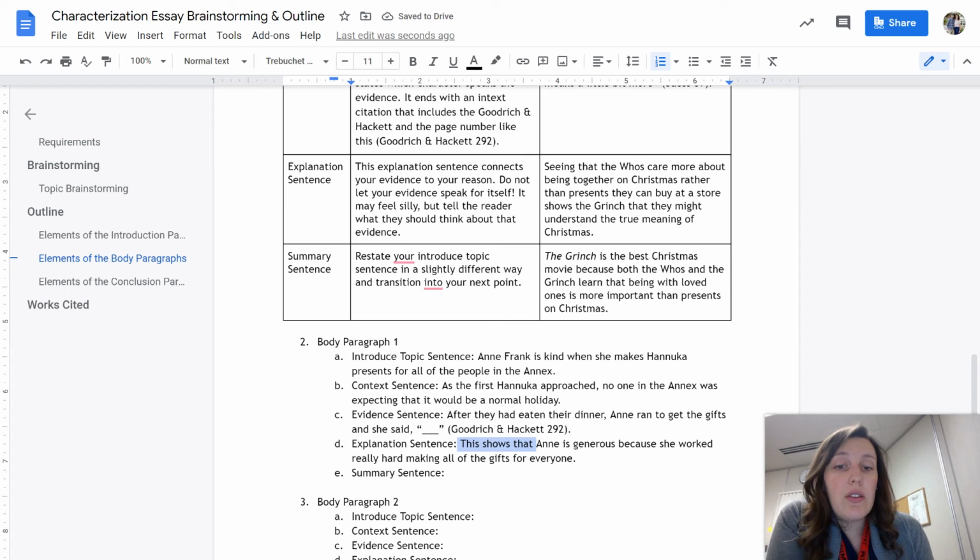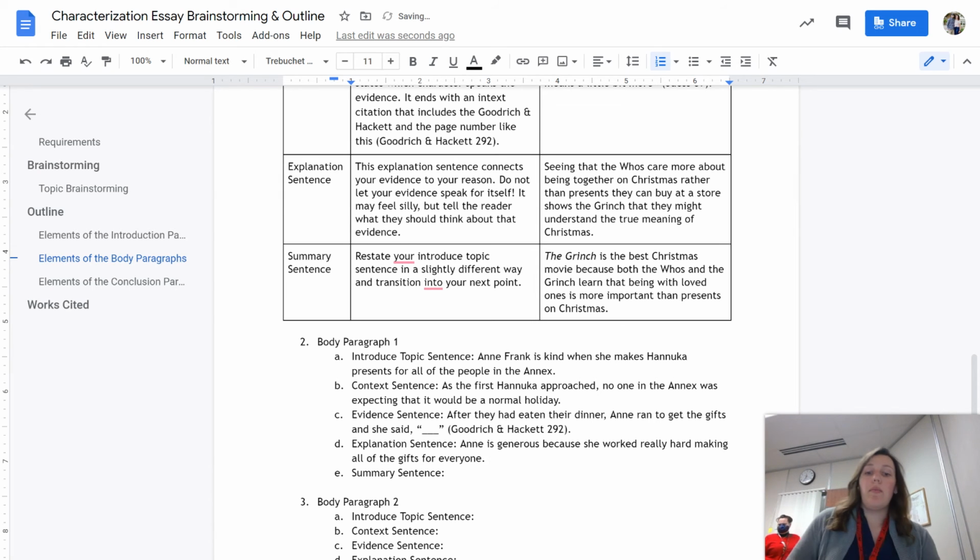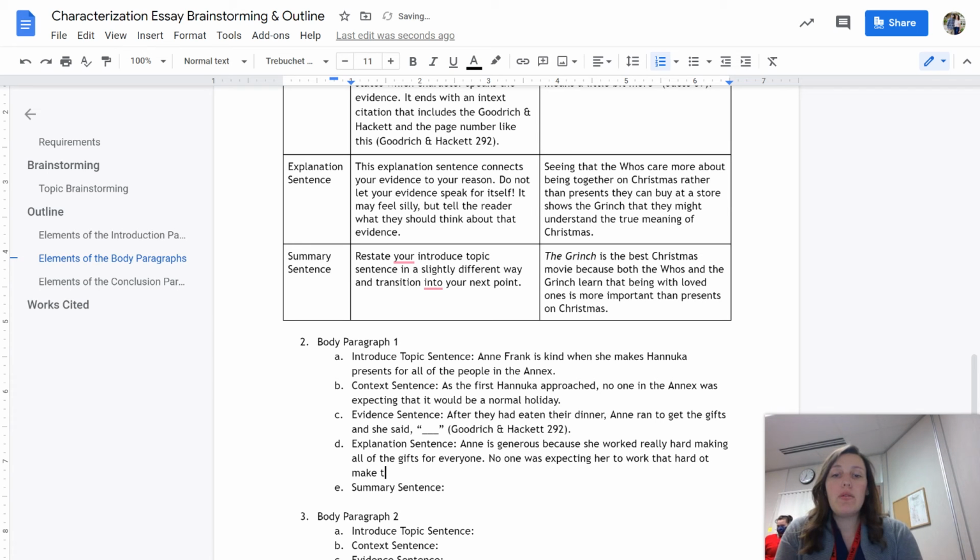If I read this, this shows that Anne is generous because she worked hard. Kind is my word, so I'm going to leave generous because she worked really hard making all the gifts for everyone. Reading this sentence, I can just delete this and it still makes sense. So Anne is generous because she worked really hard making all the gifts for everyone. No one was expecting her to work that hard to make the holiday special.